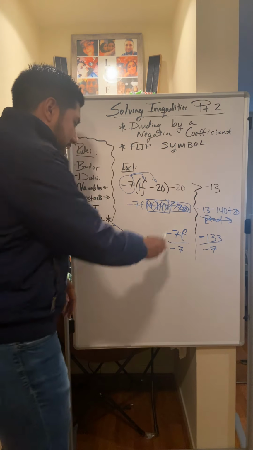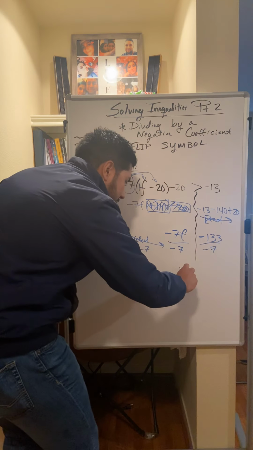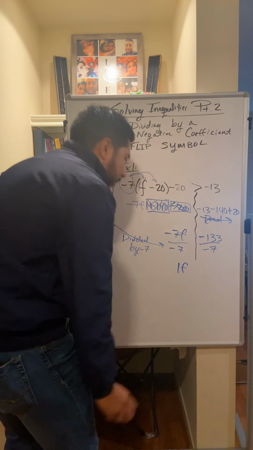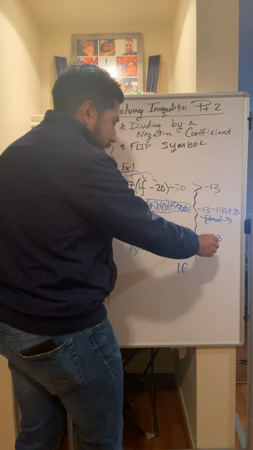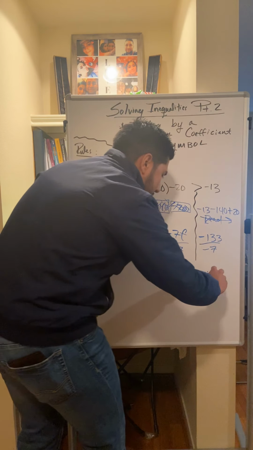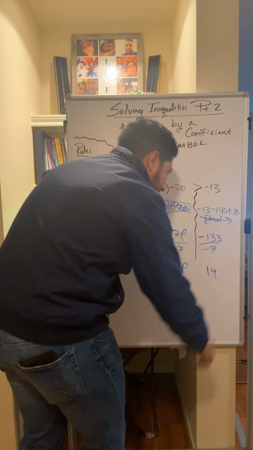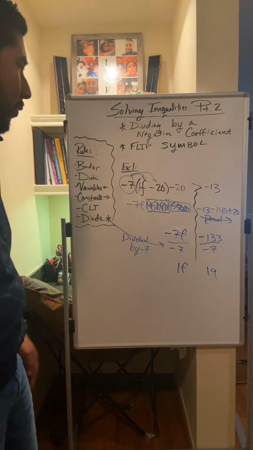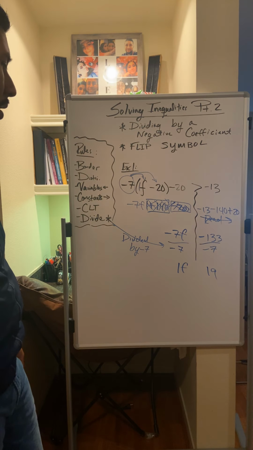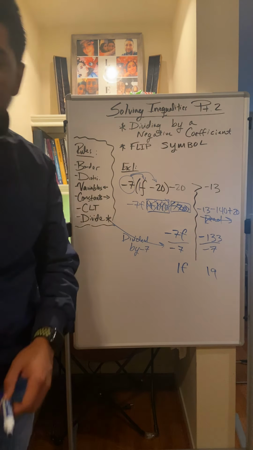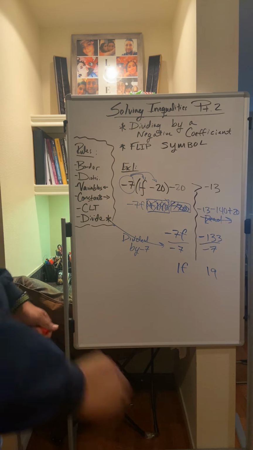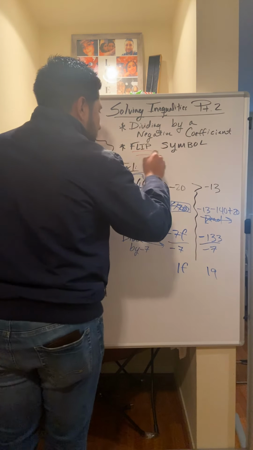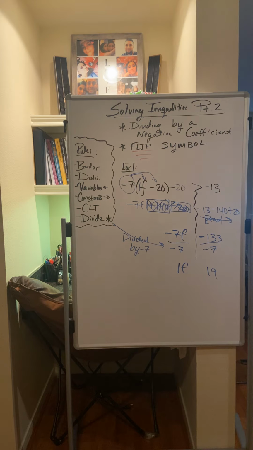So dividing this, negative 7 divided by negative 7 gives me a 1. Negative 133 divided by negative 7 gives me a positive 19. Double check in your calculator for me, please. And then, because we divided by a negative number, we need to flip the symbol, ladies and gentlemen.